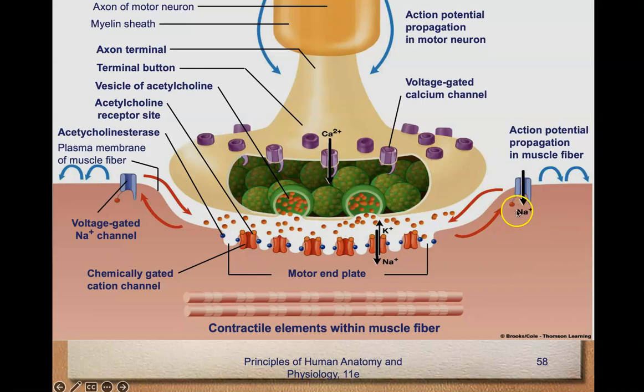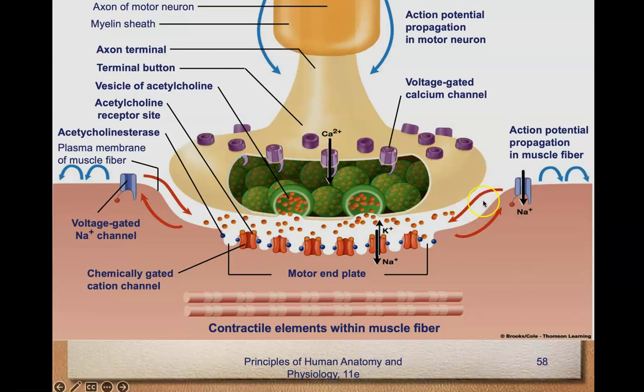And as it does that, it's going to trigger these other electrically gated ion channels to open up, causing more sodium to rush in. You don't have to know all those details yet, but I'm just giving you that. We're going to get to that more when we get into nerve conduction.